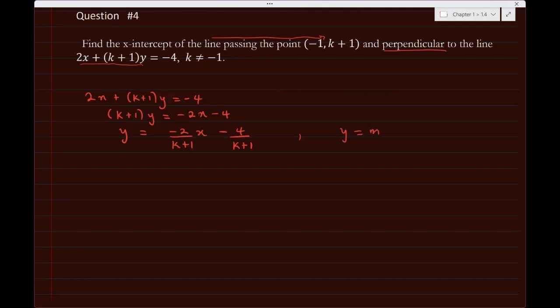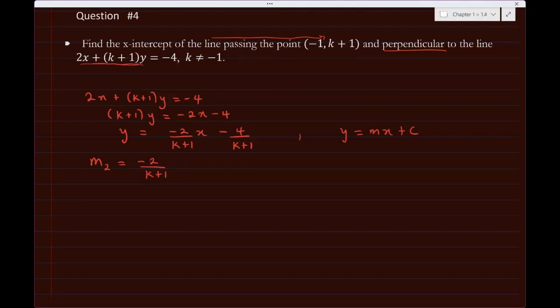So if we compare it with the equation y = mx + c, this is the equation of a line when you have a slope and the y-intercept. It means that the slope of this line, let's call it m2, is equal to -2 over (k+1). So this is the slope of this line here.